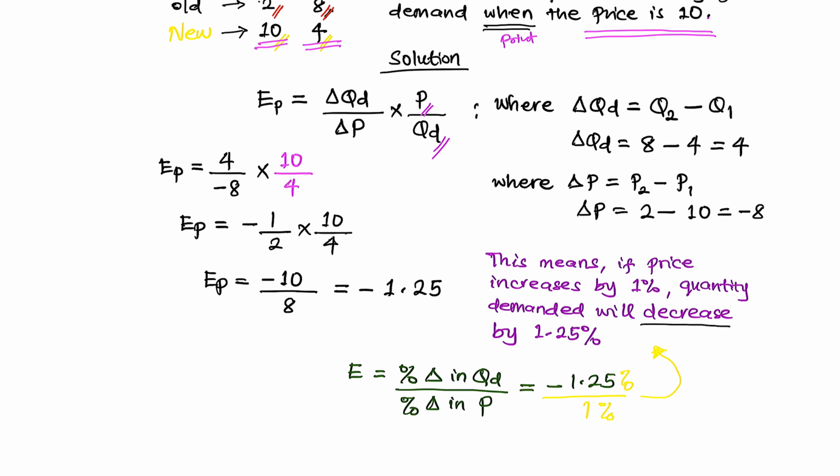If this value here increases by 1%, this value will decrease because of this negative sign, decrease by 1.25%. So if price increases by 1%, quantity demanded will decrease by 1.25%. This concludes the second situation of point elasticity of demand.